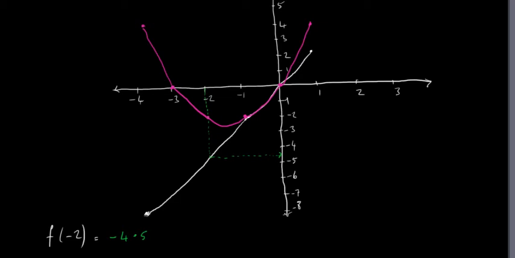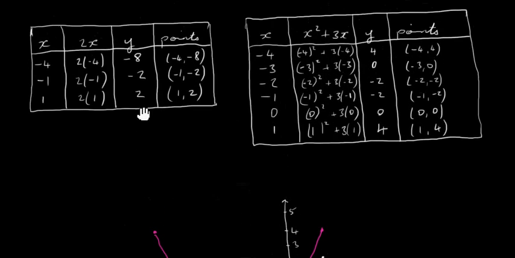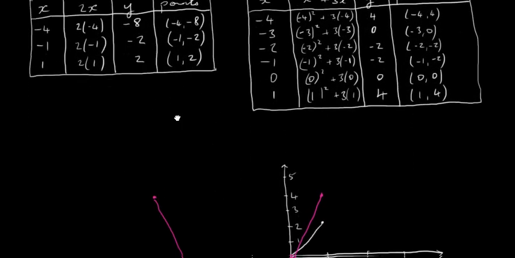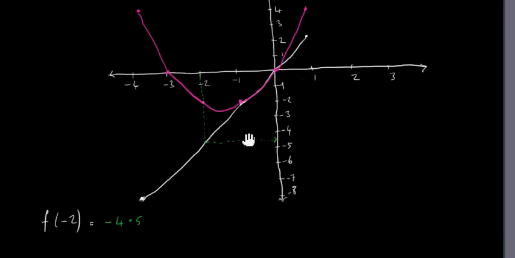Now that's using the graph to actually calculate what would you get if you put minus 2 into the function? Well, according to my graph here, I would get minus 4.5. Now that's not really that accurate, because I haven't drawn this graph very accurately.